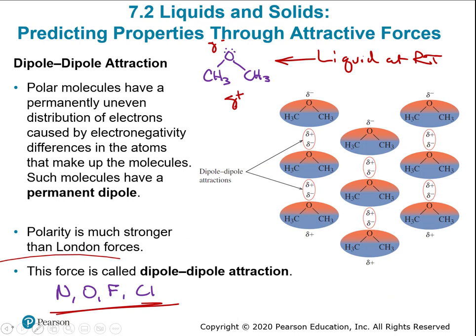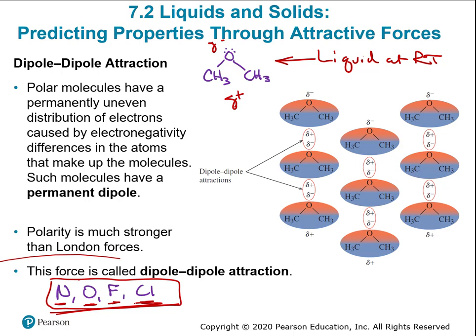Then we talked about the polar molecules. When you're talking about a polar molecule, and remember in a polar molecule, these are the things you look for. You look for a nitrogen, an oxygen, a fluorine, or a chlorine. Okay, so remember that those polar molecules, it's always these ones in this upper right corner: nitrogen, oxygen, fluorine, and chlorine.